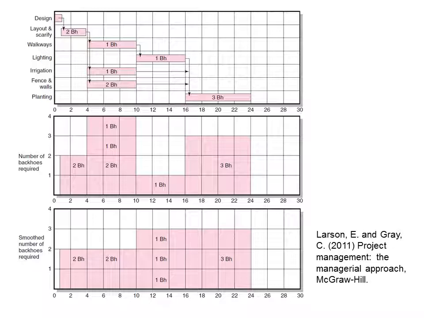This is kind of chopping and changing, or having resources on the project site which aren't used. It's inefficient.